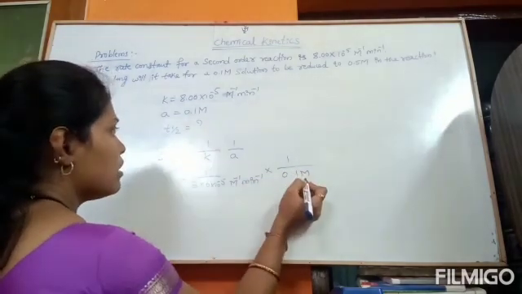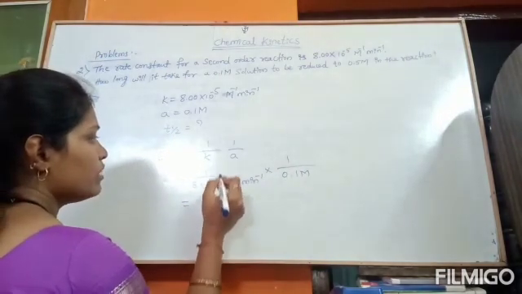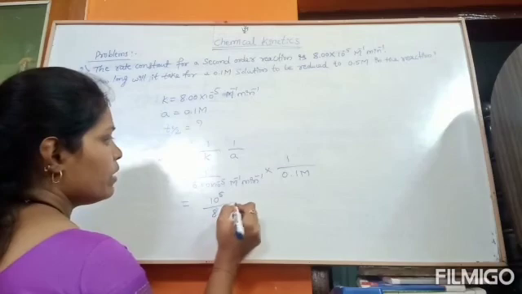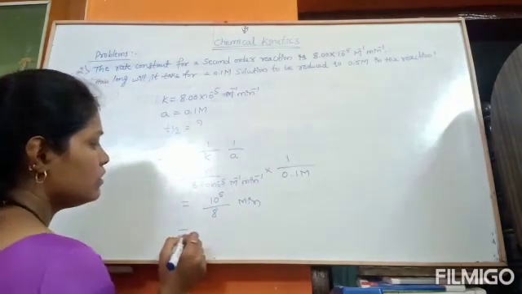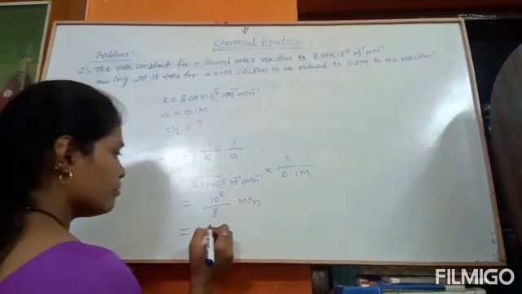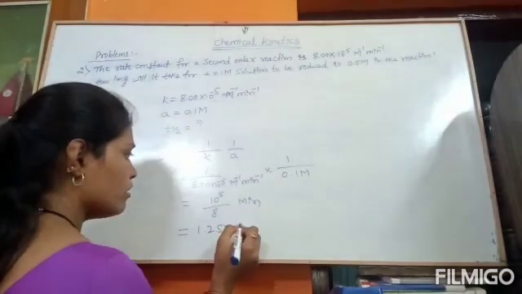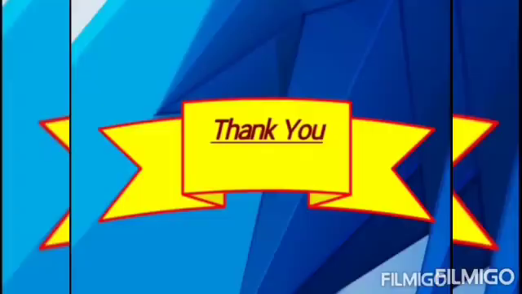Here the units get cancelled, and the 10 to the power minus 5 becomes 5. When divided by 8, the remaining unit is minute. After calculating we get 1.25 into 10 to the power 4 minutes. This is the half-life period. So in the next session we'll see the remaining problems.